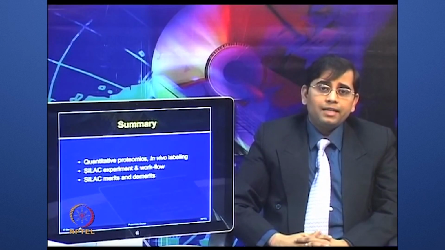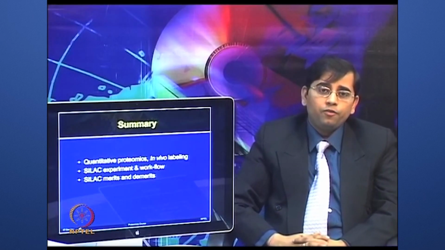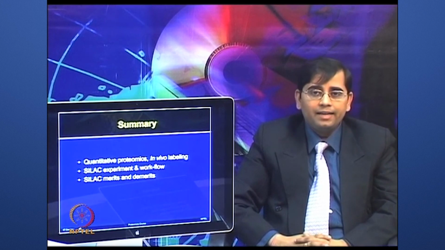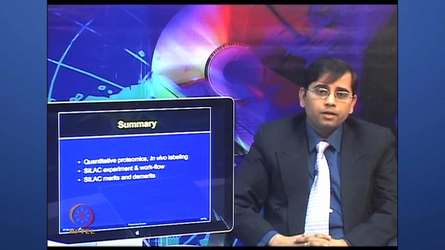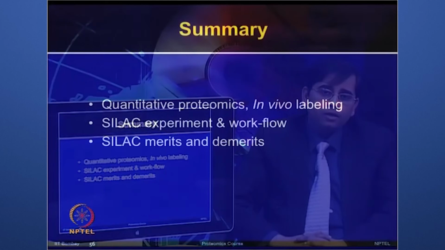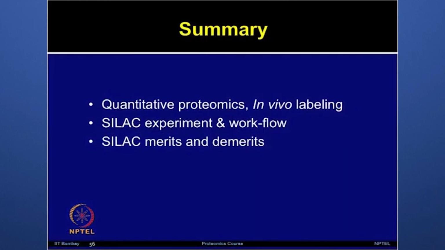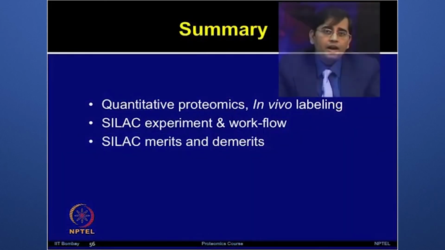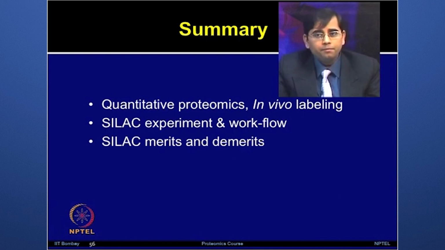So, after discussing different types of applications of the SILAC method, let us now summarize what we have studied in this lecture. In SILAC, in a typical experiment, the control and treated cell lines are grown in different media. One is enriched with the light form and the other with heavy isotope-containing amino acids.